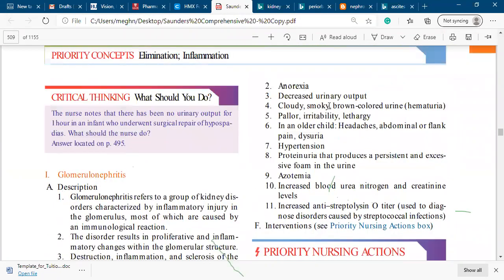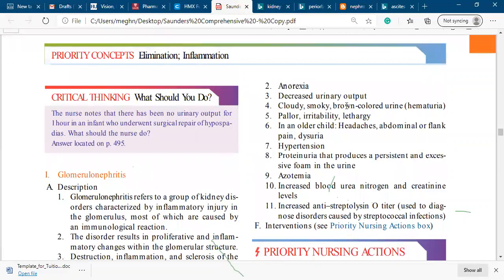So what are the other signs of glomerulonephritis? Anorexia, decreased urine output, right? If the kidney does not work, definitely urine formation should go down. And in glomerulonephritis, we said the underlying cause is infection, so the urine should be cloudy.